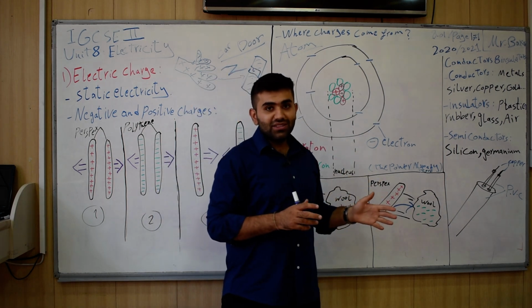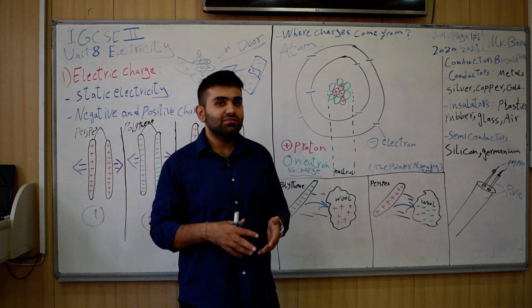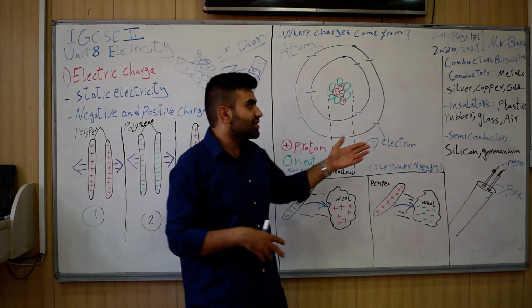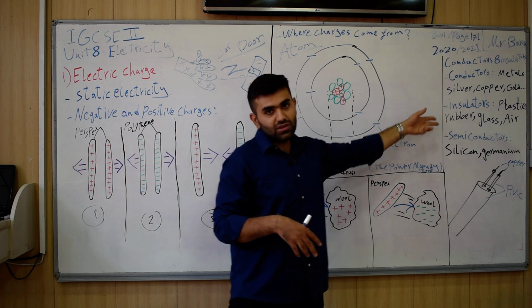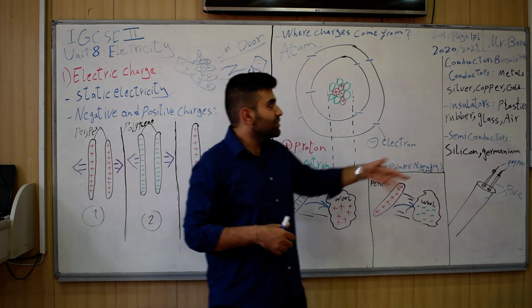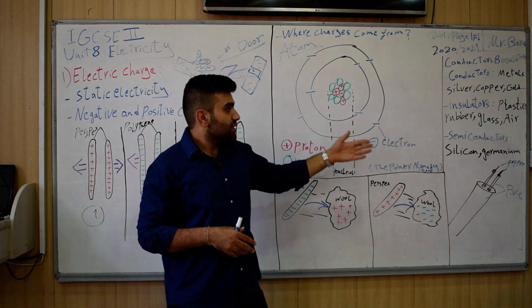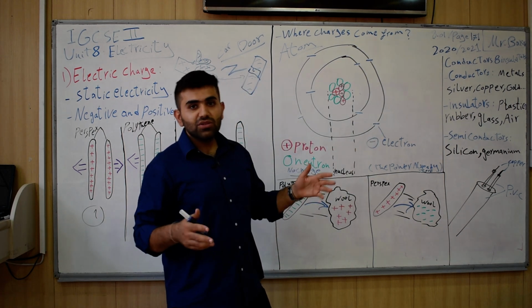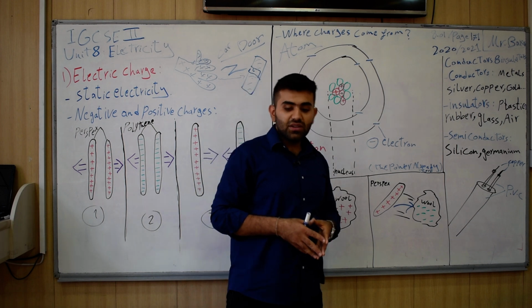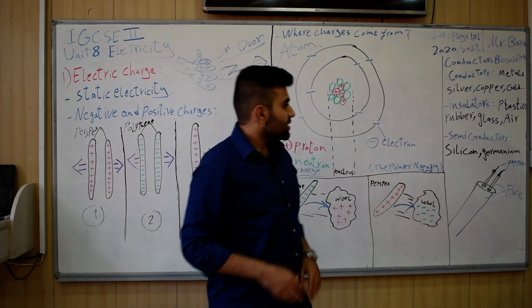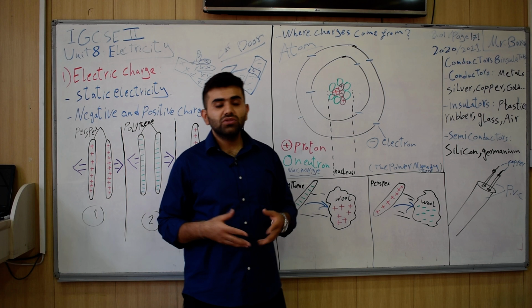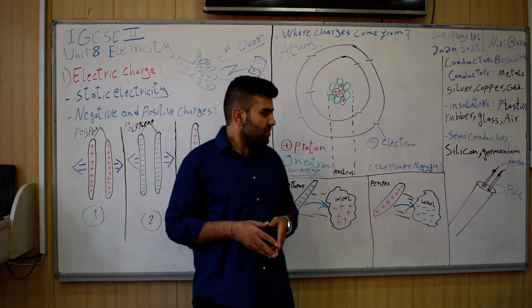When they are cold, they give you bad conductors, more like the insulators. But when they are warm, they give you good conductors. The two most known types of semiconductors are silicon and germanium.